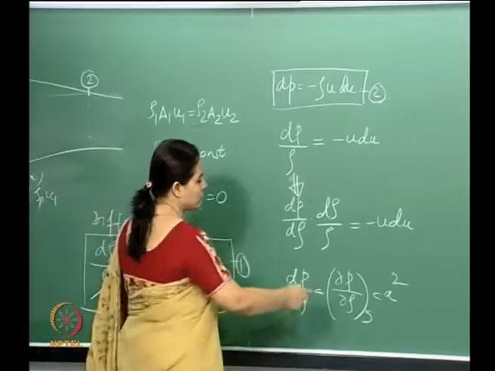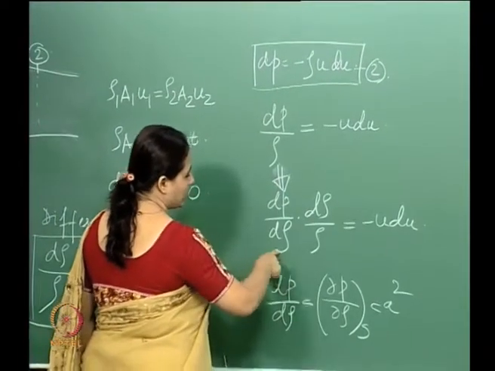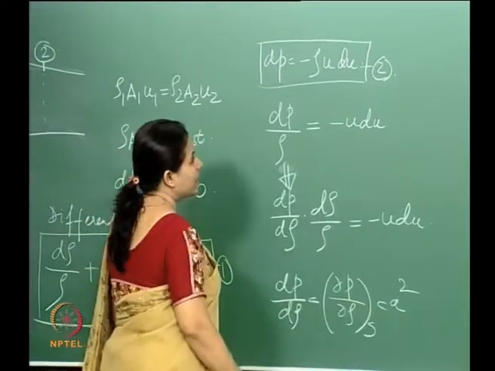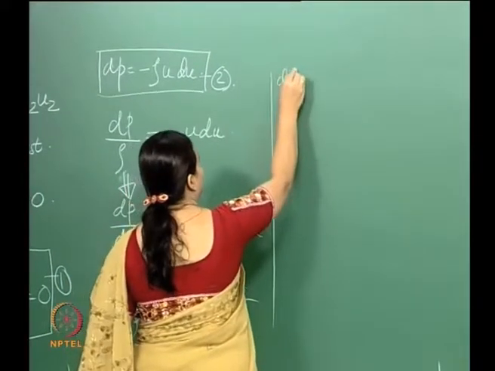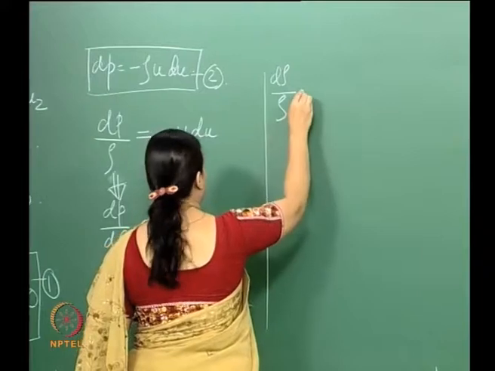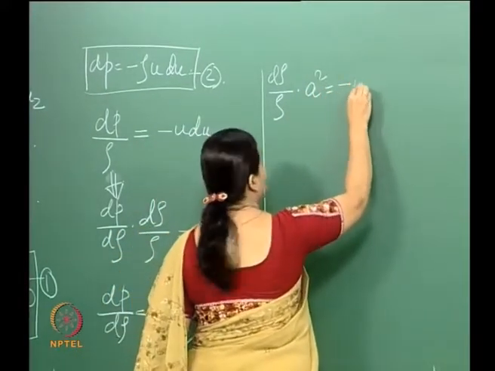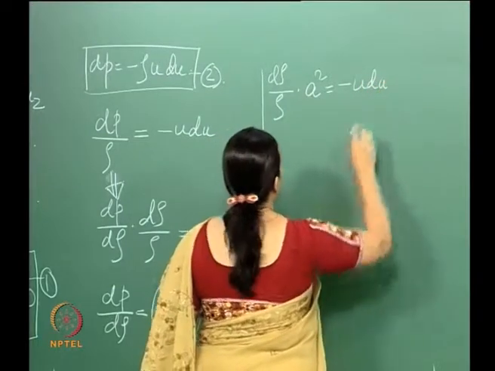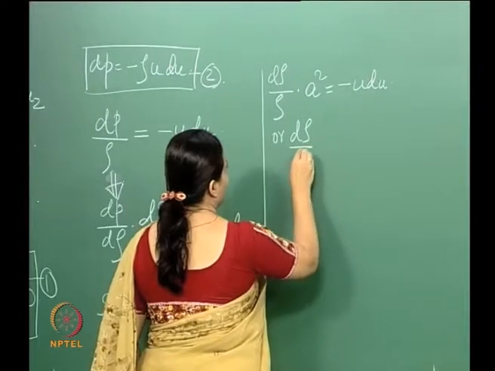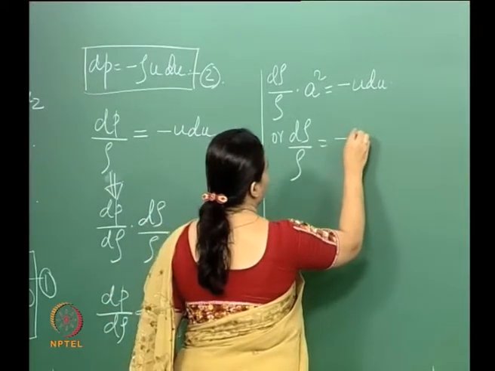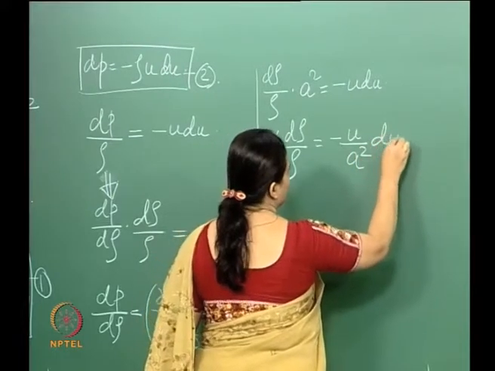So what we can do is replace this term dp by d rho by this a squared, right. So what we get is, into a squared is equal to minus u into du, or we can write this as d rho by rho is equal to minus u by a squared into du.